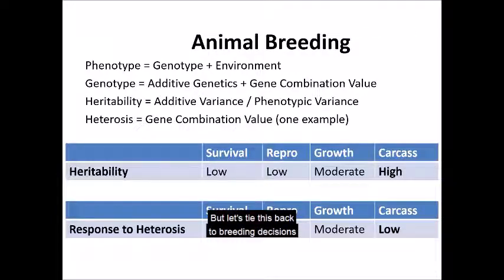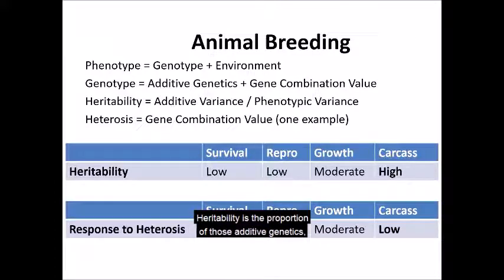But let's tie this back to breeding decisions that we need to make in our flock. We talked last week about the basic equation: phenotype is equal to genotype plus environment. Genotype includes additive genetics and gene combination values.